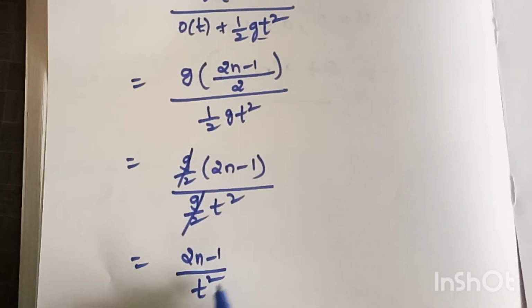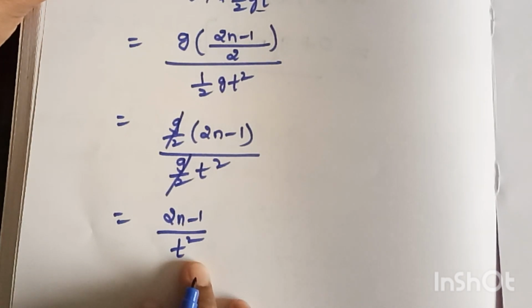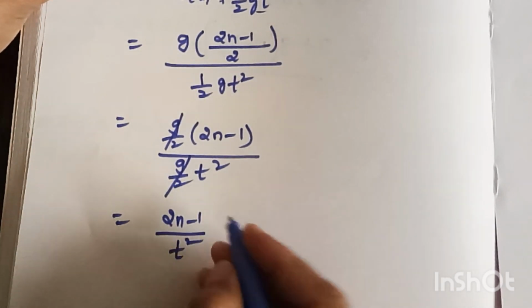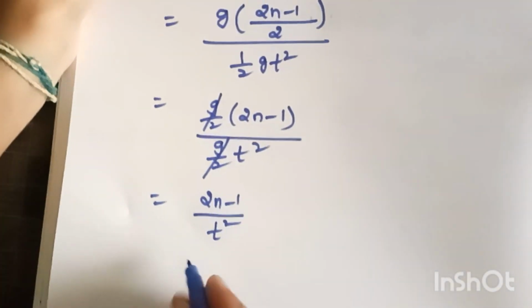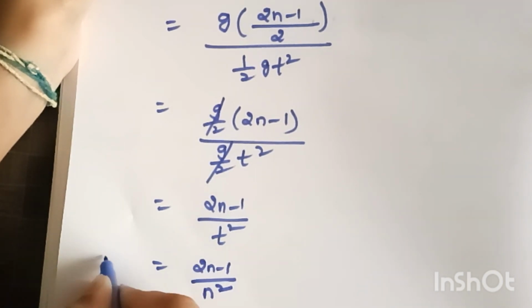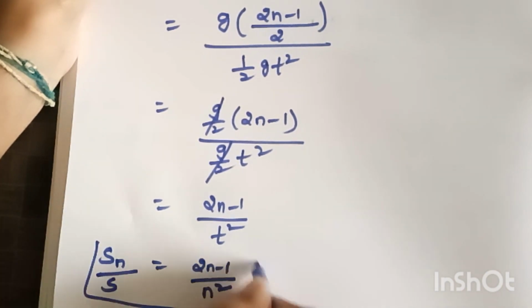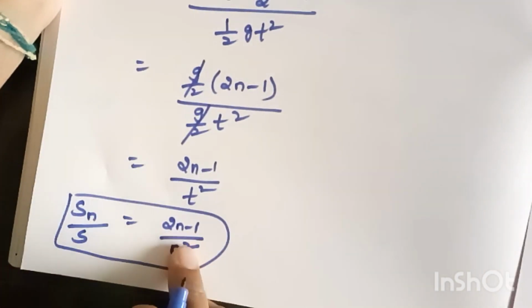For a continuous time of 1 second, 2 seconds, 3 seconds, the distance is n square. Since it is in terms of n, I am writing 2n minus 1 by n square. So this is the fraction of distance fallen in the nth second: Sn by S equals (2n minus 1) by n square.